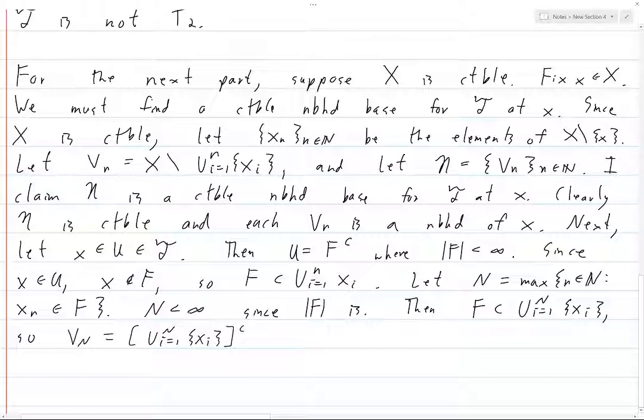And this is contained in F complement, which is U. So there exists a Vn in particular. Well, so Vn is in N, and x is an element of Vn, which is a subset of U.